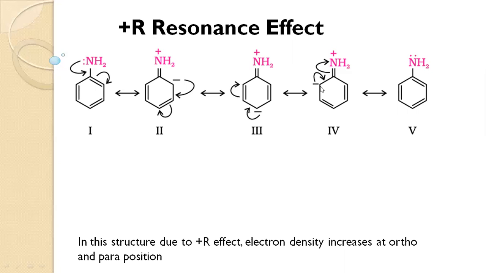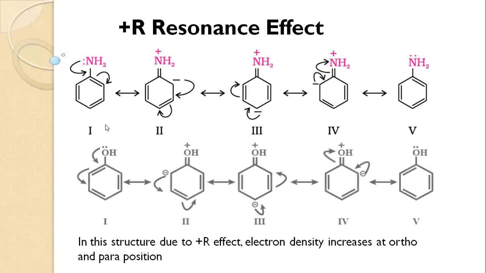During the formation of these resonance structures, the second structure creates a negative charge at the ortho position, the third structure creates the negative charge at the para position, and the fourth again generates the negative charge at the ortho position. During this resonance, there is more electron density at only the ortho and para positions.